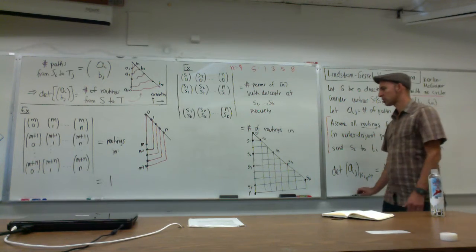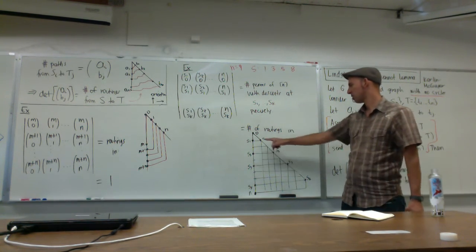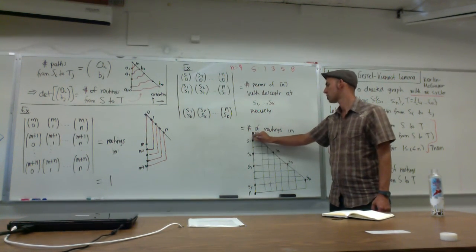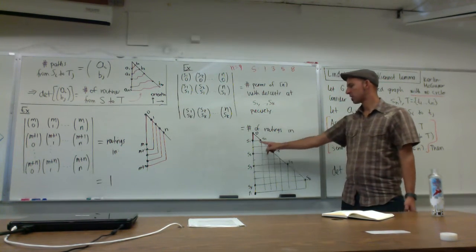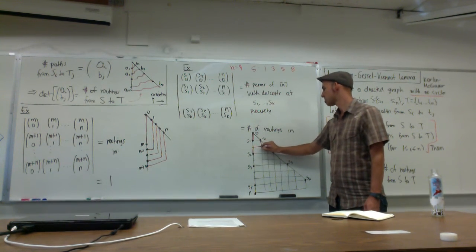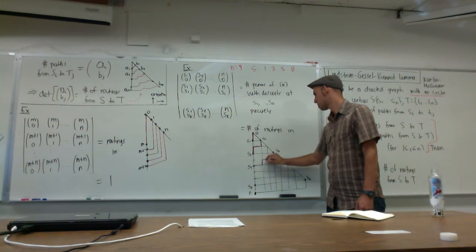Okay. So let's try to do that again. My first step is forced because I need to get to 0. And the only guy I can get to 0 is this one. Okay. Now to get from this guy to this guy, actually there's several ways. So I don't know. Here's one way. To get from here to here, I guess I can go like this.